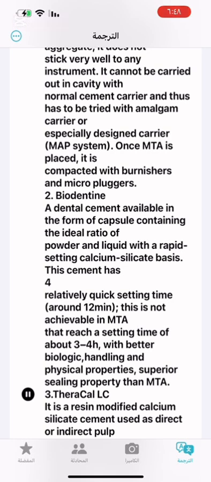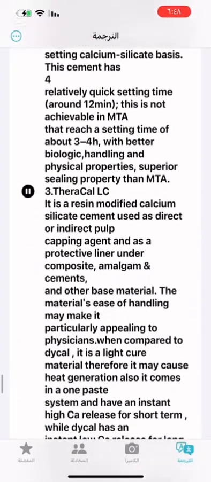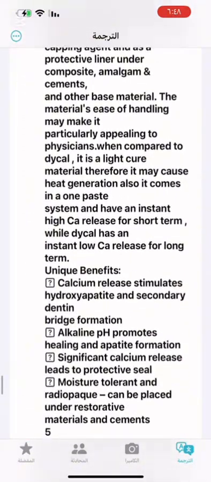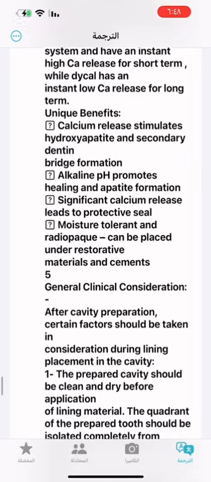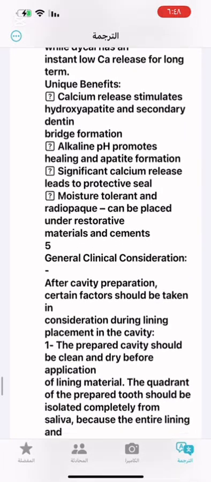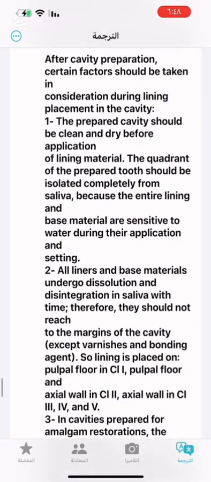3. TheraCal LC. It is a resin-modified calcium silicate cement used as a direct or indirect pulp capping agent and as a protective liner under composite, amalgam, and cements, and other base material.